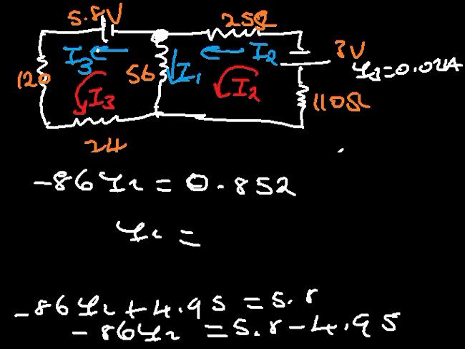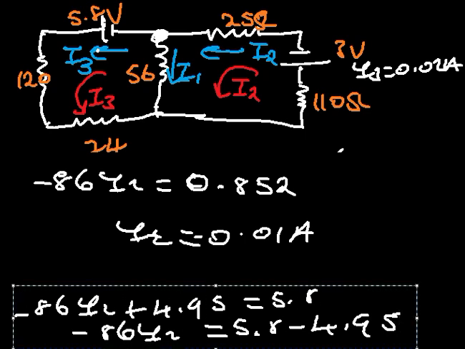And what is I2? Then we just have to simply divide both sides by 86. So which means we'll have negative 0.01 amps. So that is giving us I2.